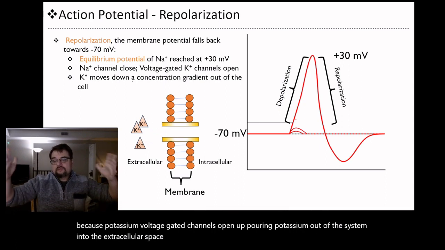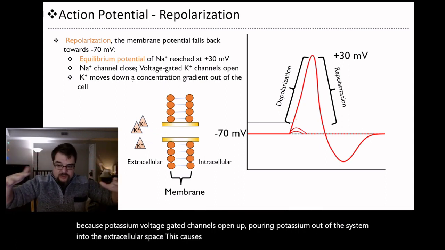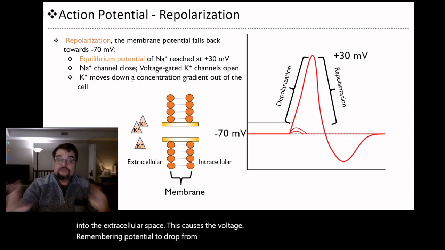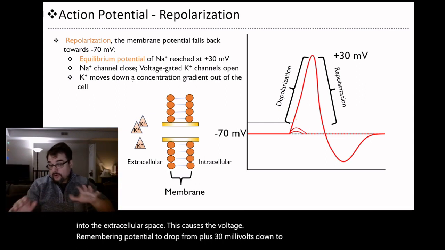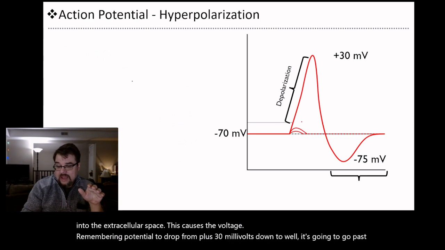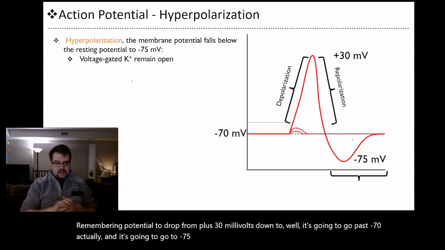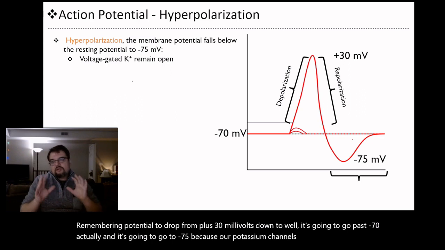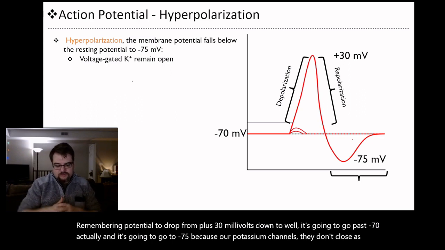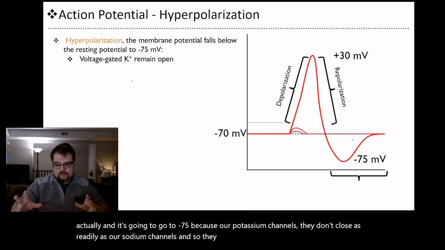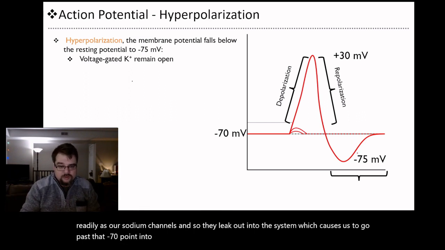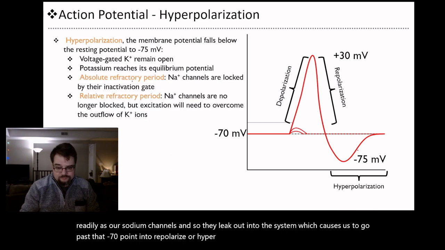This causes the membrane potential to drop from plus 30 millivolts down to, well, it's going to go past negative 70 actually, and it's going to go to negative 75 because our potassium channels, they don't close as readily as our sodium channels, and so they leak out into the system, which causes us to go past that negative 70 point into hyperpolarization.